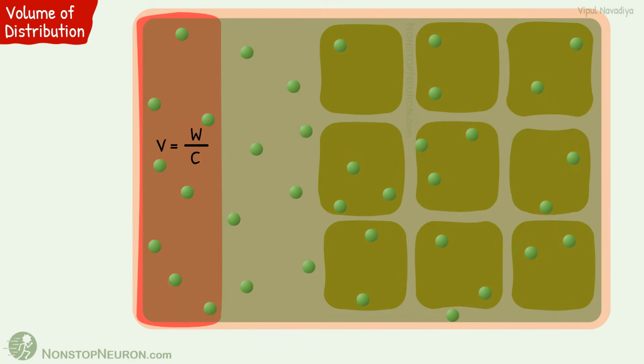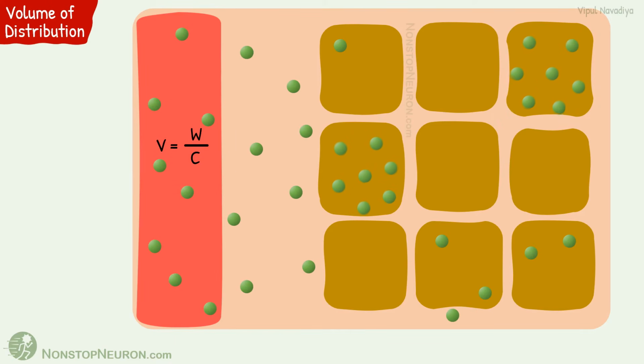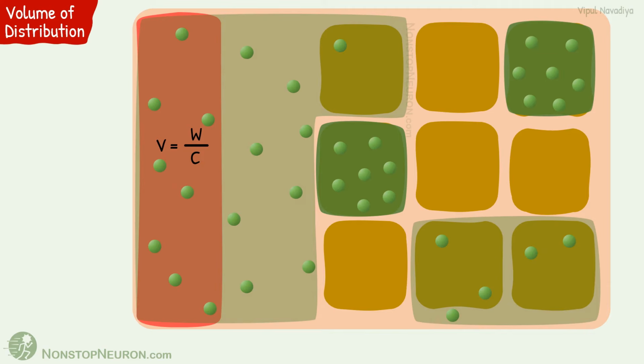See, the drug is spreading throughout the body, but we are measuring its concentration only in plasma. It's quite possible that distribution of the drug is uneven in different body areas. For example, here the drug is highly concentrated, in this area it has low concentration, and in this area, the drug has not spread at all.